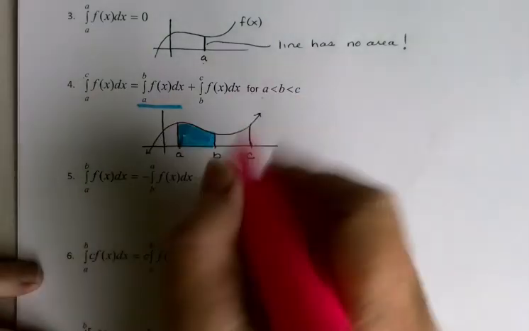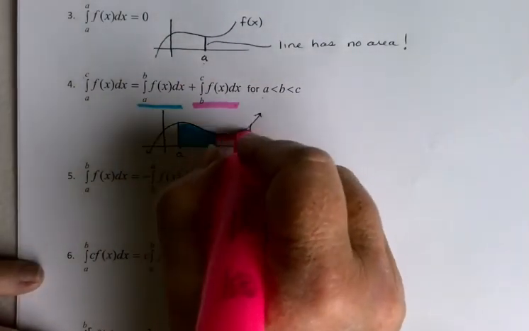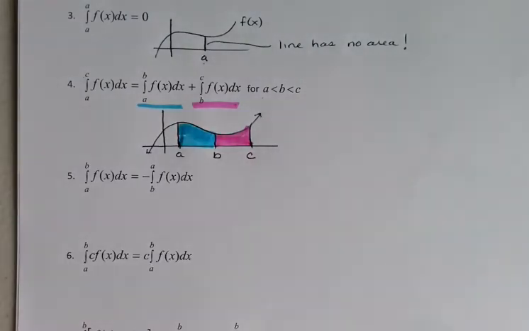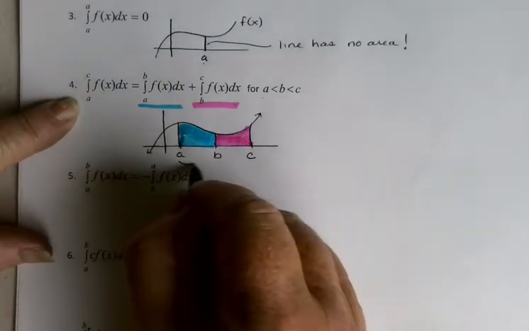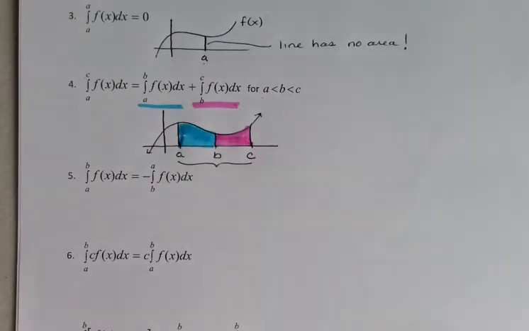And the integral from b to c would be this part of the graph. And all this is saying is that the integral all the way from a to c is the sum of the blue part and the pink part. Again, logically it makes sense. It looks a lot more profound than it really is.